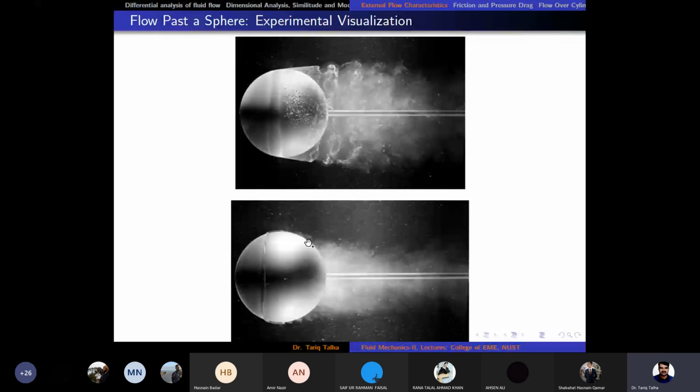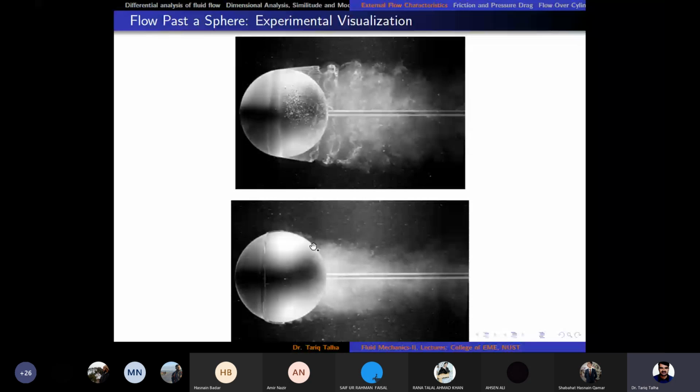So that is the reason we put dimples on the surface of a golf ball, because we want this wake region to be much smaller so that pressure drag is smaller, and that's why we want it to travel more in the air. When the pressure drag is less, the ball would travel more.